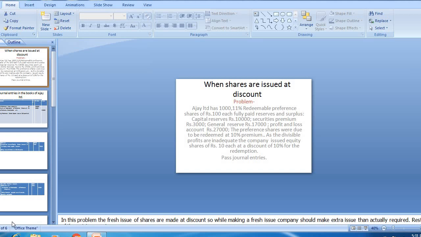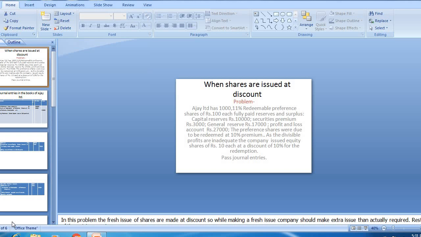Today, let us discuss the problems on redemption of preference shares when the new issue of shares is made at a discount. First, I'll read out the problem. Ajay Limited has 11% redeemable preference shares of rupees 100 each, fully paid.